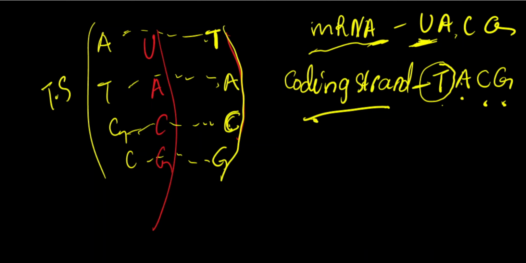And so the coding strand is actually somewhat identical to the information that is copied in the mRNA. Okay, so that's why it's called the coding strand, because to some extent, apart from uracil and thymine, it basically contains what we have in the mRNA molecule. However, the template strand is the strand where transcription occurs. Okay, so it's important for us to take note of that.